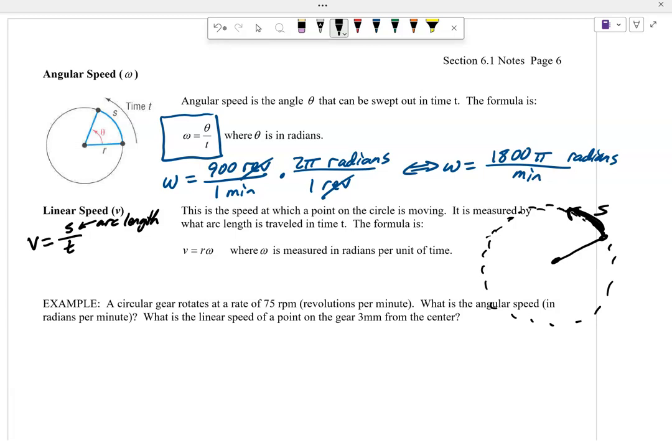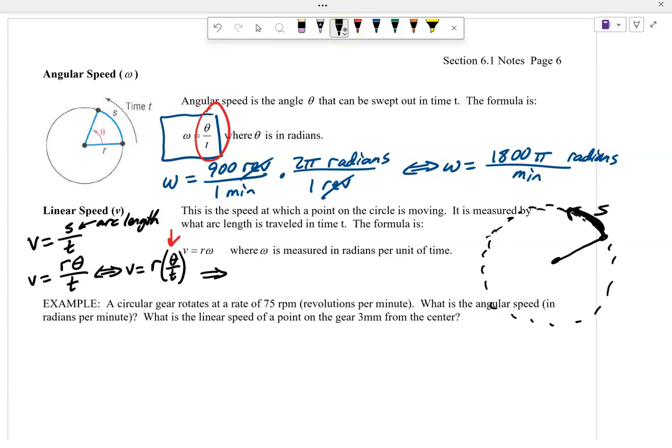Well, if you remember from our discussion before, our arc length on a circle is the radius times the central angle. So I'm replacing s with r times theta. And let me rewrite that as r times theta over t. And I say that because theta over t, that's our omega.